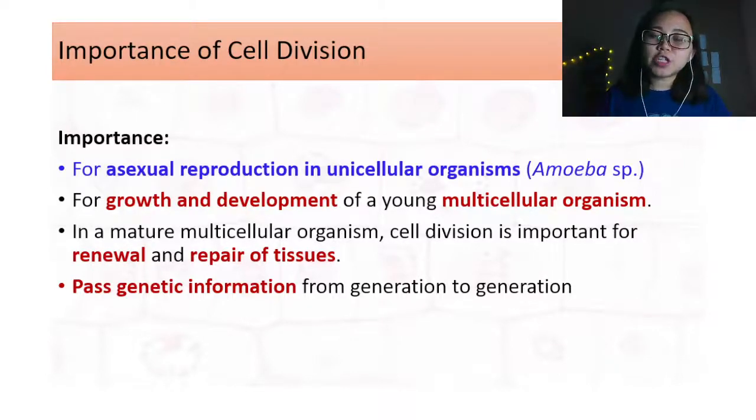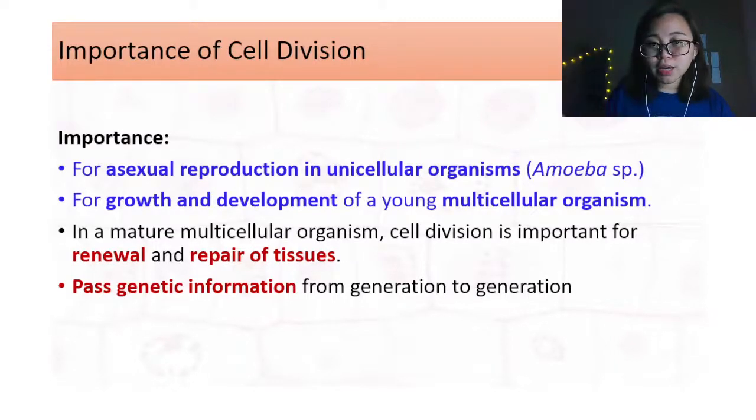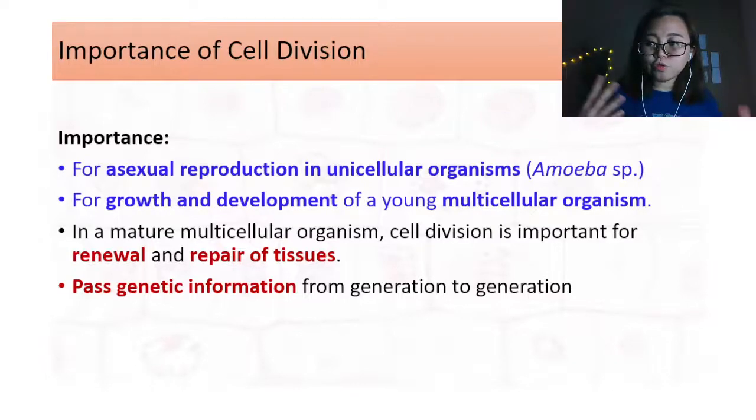And cell division is also important for the growth and development of a young multicellular organism. For you, from baby to become small child, to become teenager, to become the adult you are now, your body had to do a lot of mitosis in order to create enough cells, enough tissue for you to develop.